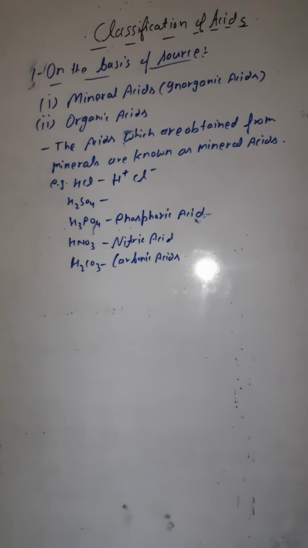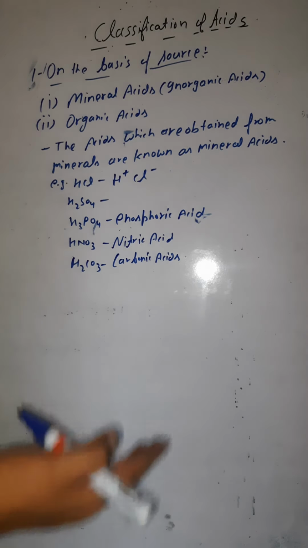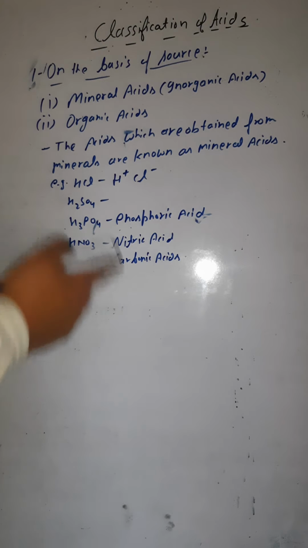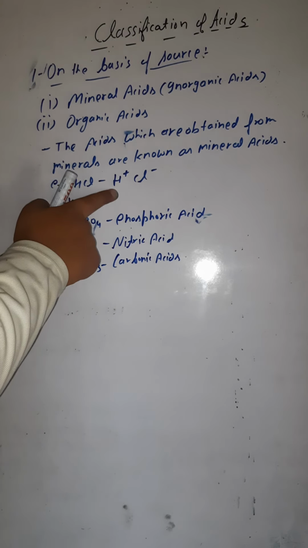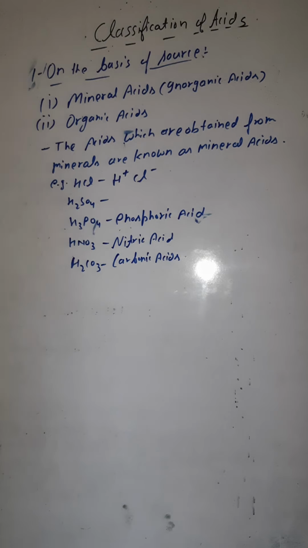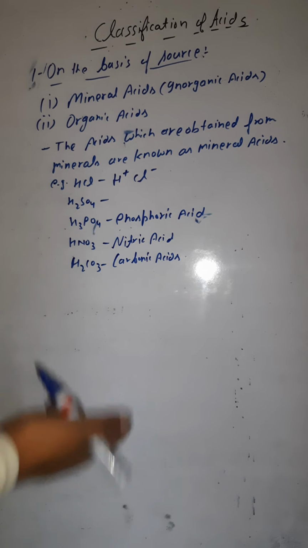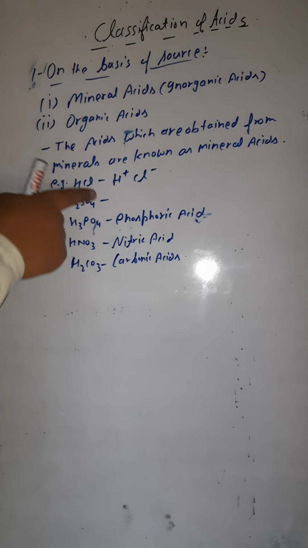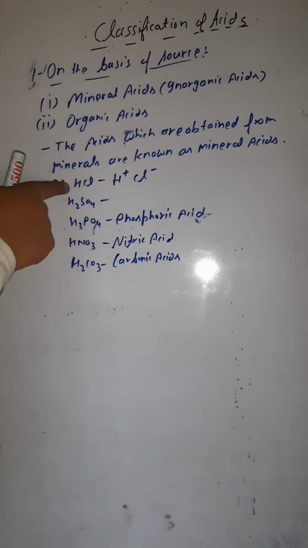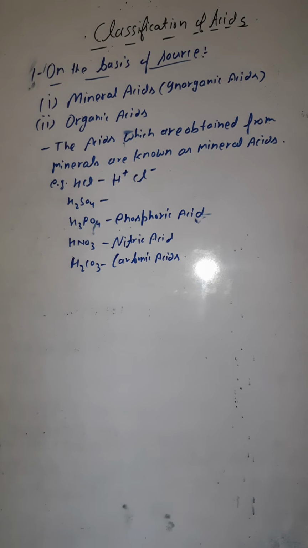The substance giving hydrogen ion in the solution is termed an acid, so HCl is an acid.